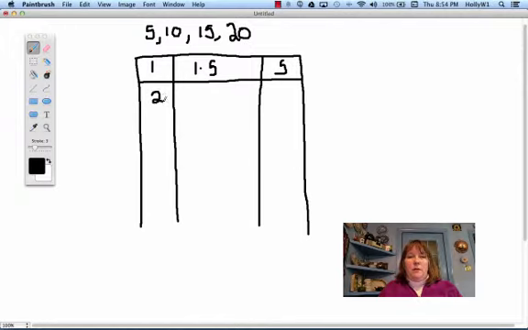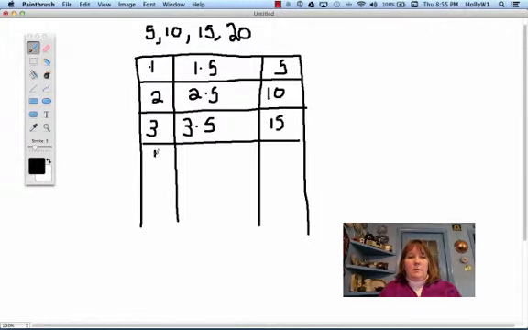So the second week, we take the value of the term, so this is the second term, and we multiply it by 5. We end up with 10. The third week, we take 3, and we multiply that by 5, because here you're adding 5. So this is the third term, so that's 5 times 3, and that gives you 15.